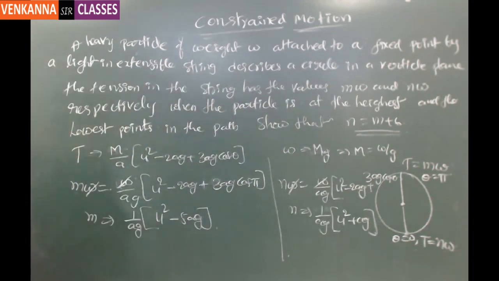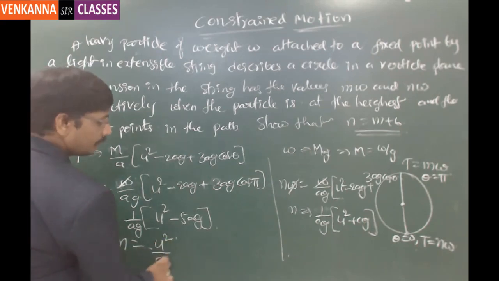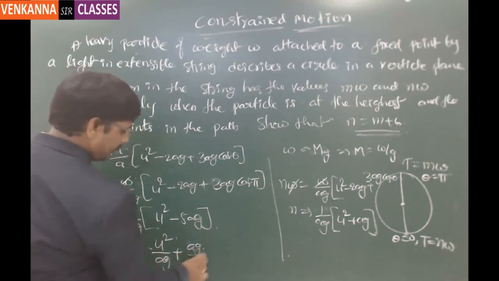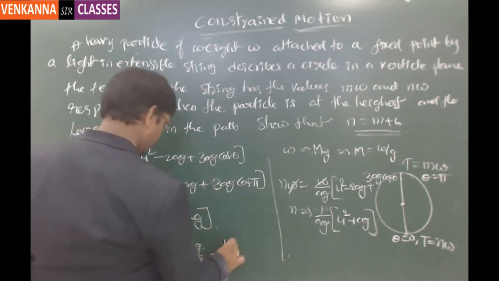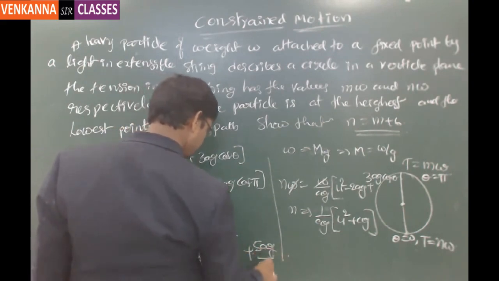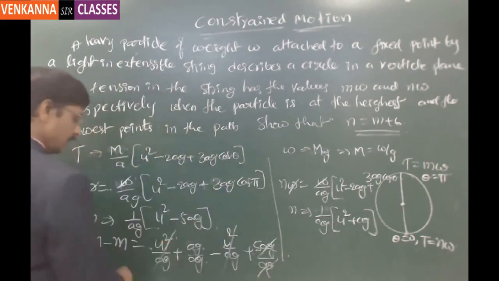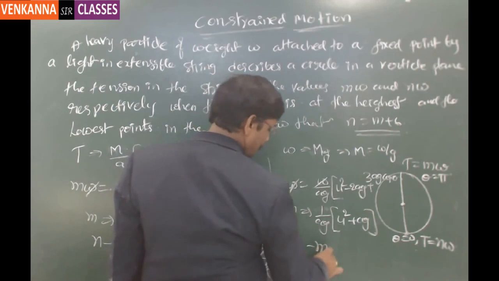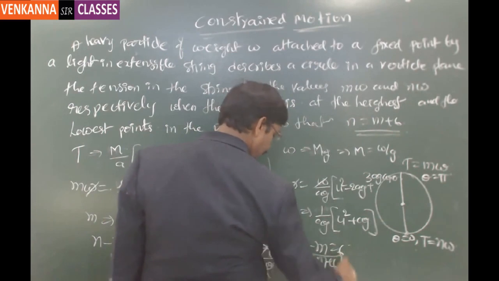Now if you take the relation n minus m, then u square by ag plus ag by ag minus u square by ag plus 5ag by ag. The ag will cancel, the u square will cancel. So n minus m is equal to 6. It implies n is equal to m plus 6, which is the required relation we are looking for.